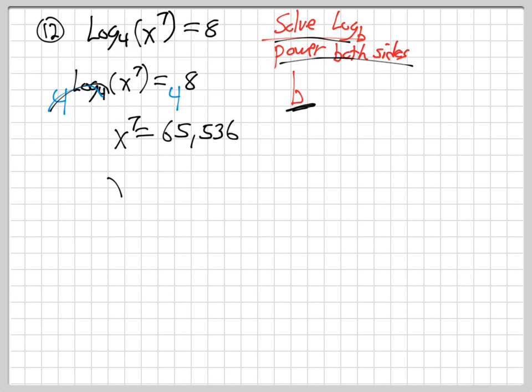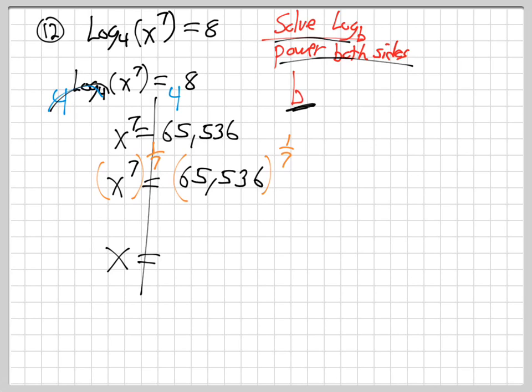So now we're almost there. How do we finish getting that x alone? We want x. So here's the equal sign. I want x alone, so get rid of that 7th power that's on it. Well, to get rid of a 7th power, you do a 1/7 power on both sides, don't you? 1/7 power, and it cancels.